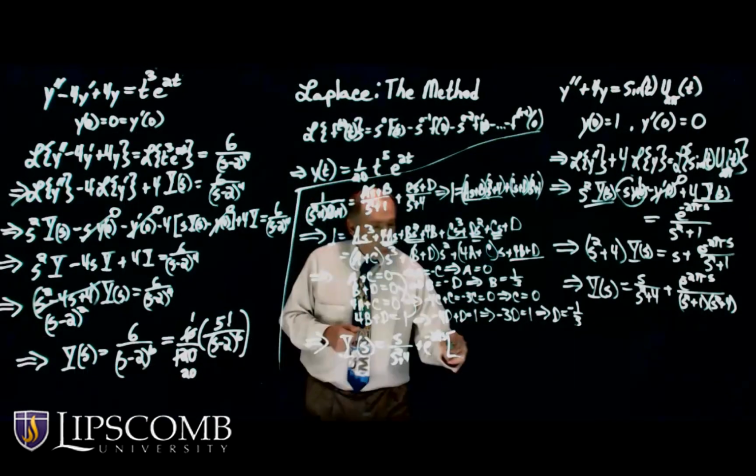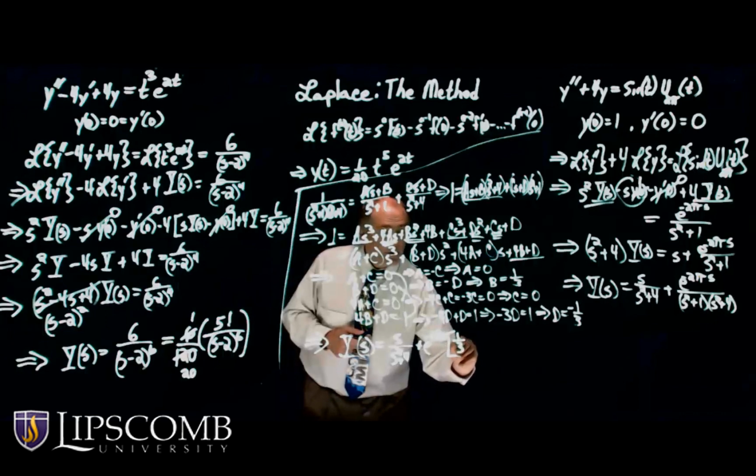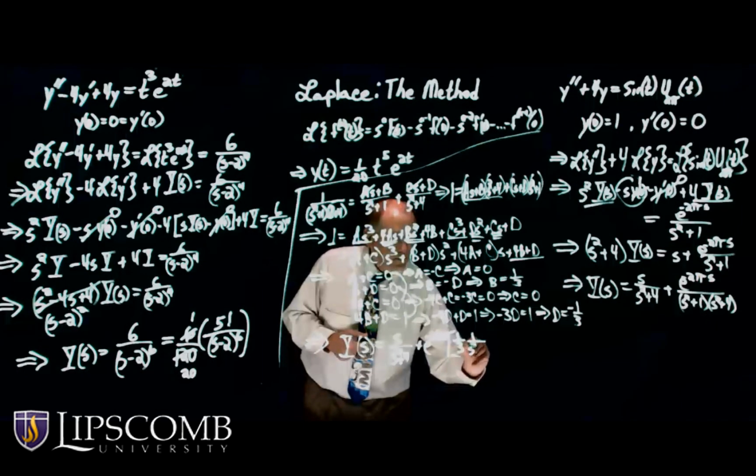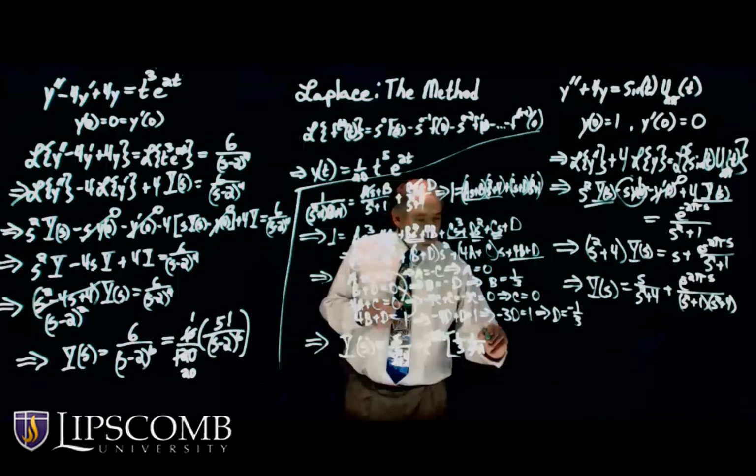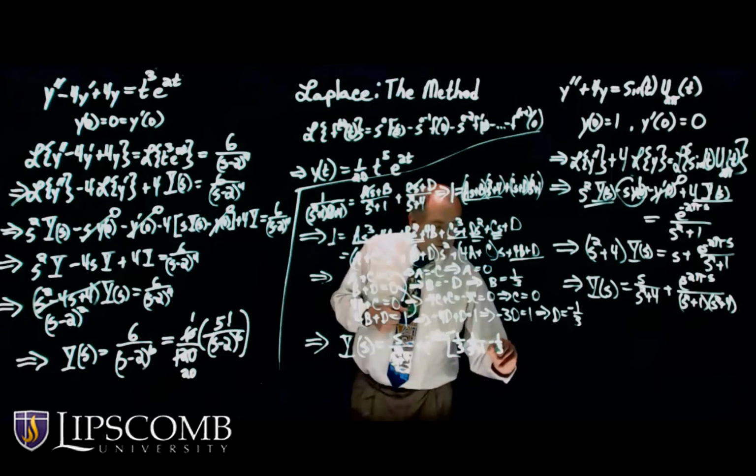The B was 1/3, so this is 1/3 times 1 over s squared plus 1. D was a minus 1/3 times 1 over s squared plus 4.